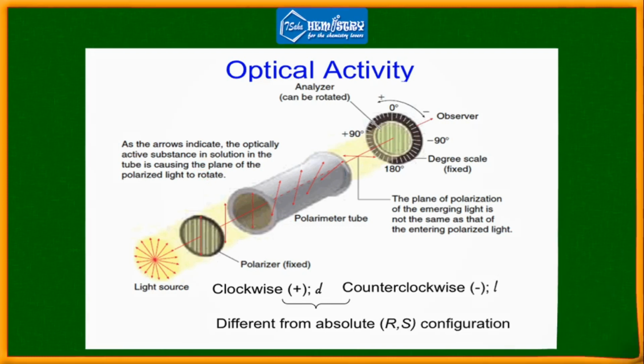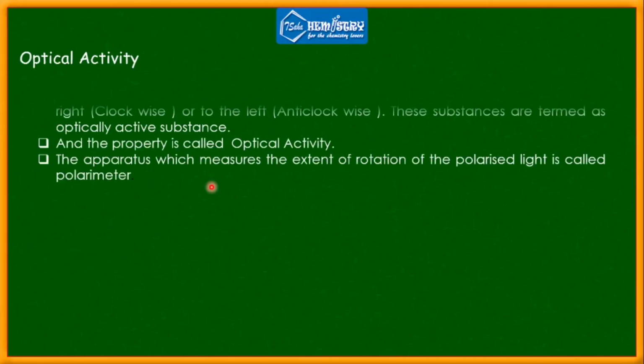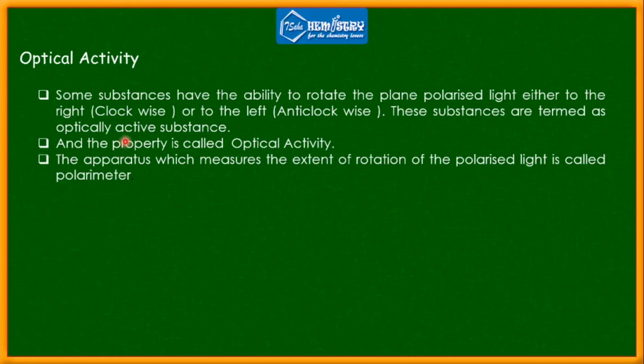So this is the arrangement to analyze the optical activity of a compound. Now we are going to check the definition. Some substances have the ability to rotate plane polarized light either to the right, that is called clockwise, or to the left, that is called anti-clockwise. These substances are termed optically active substances. I think all of you know the minimum criteria for optical activity. Number 1, the compound should contain at least one chiral carbon.